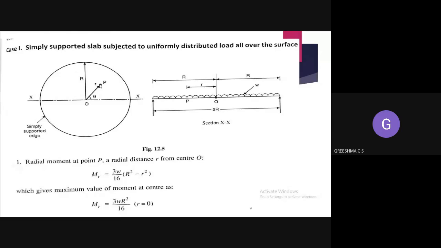So Mr is equal to 3W divided by 16 times (R square minus r square). There is no other way. You don't need to study the derivation of this, just learn it by heart.